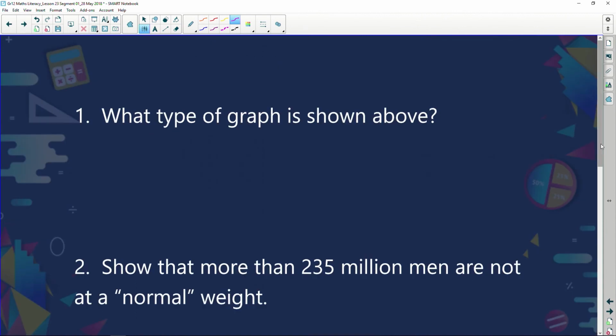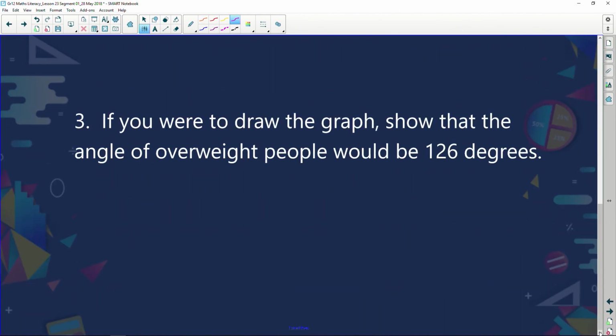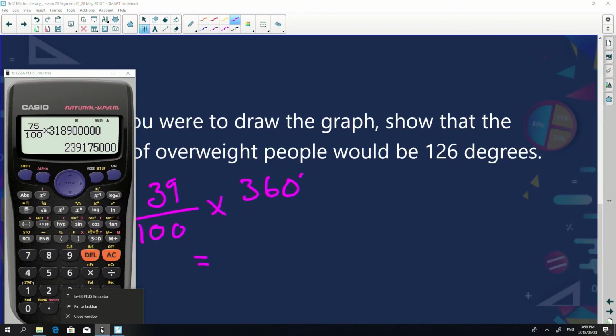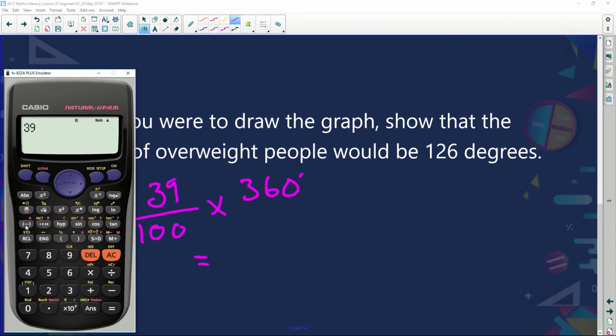So I've got 39%, and 39% is 39 over 100. I want to know how many degrees is that. So 39% of 360 degrees. And folk, there are 360 degrees in a circle. So I'm trying to find 39% of that 360. So let's do it. 39 over 100.